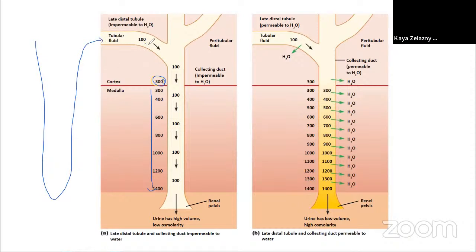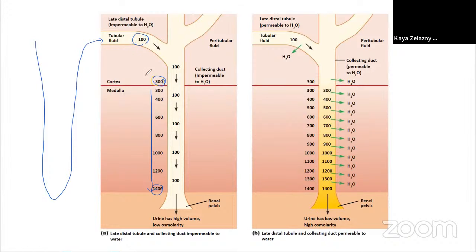Remember, we have a particularly low osmolarity of the fluid in the late distal tubule. That was one of our numbers to remember: 300 was our normal amount, 1400 was our maximum amount deep in the medulla, and the other number you'd probably want to remember was this 100.